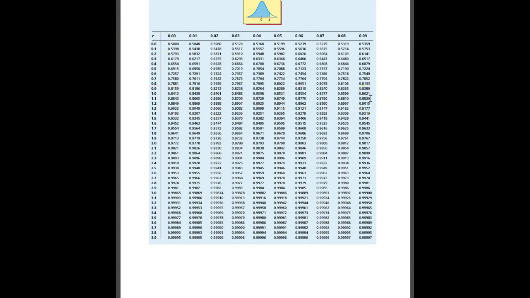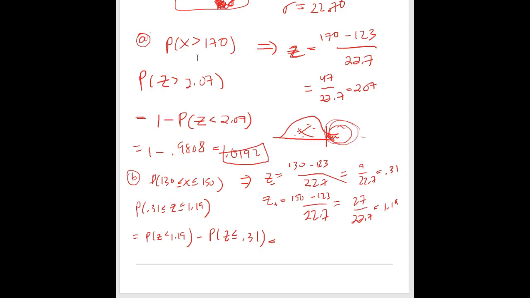We get 0.8830. And then our 0.31 is 0.6217. So 0.8830 minus 0.6217 is equal to 0.2613. Okay, so that is that.